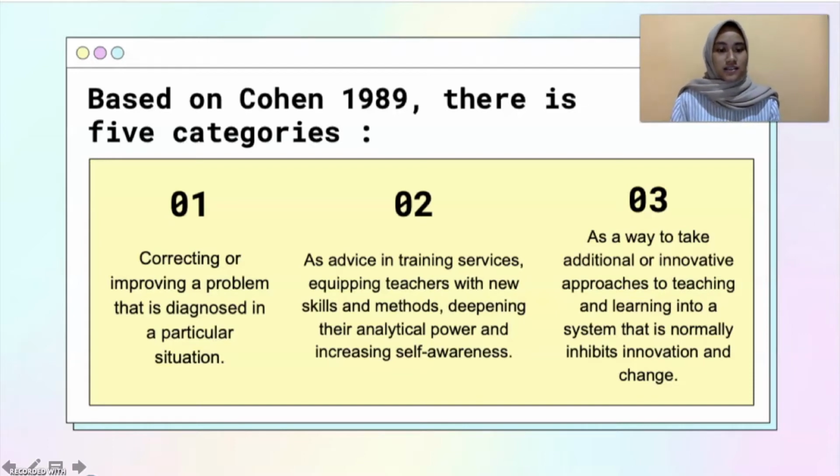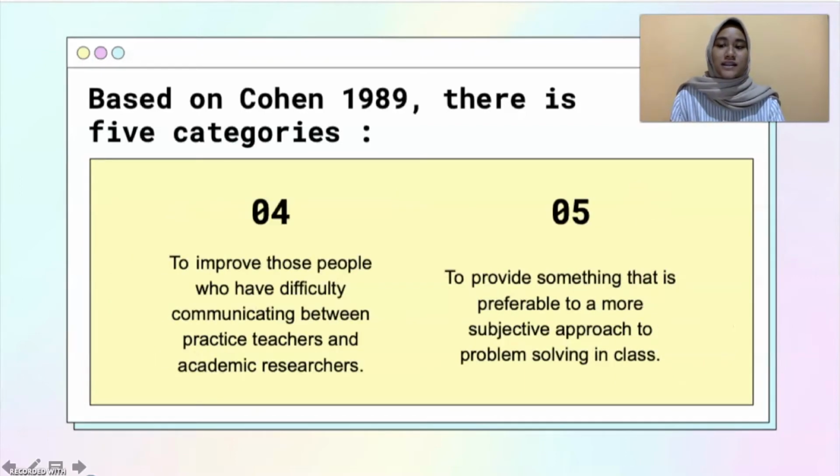The third is as a way to take additional or innovative approaches to teaching and learning into a system that normally inhibits innovation and change. The next category, based on Cohen in 1989, is to improve communication between practicing teachers and academic researchers, who have difficulty communicating.